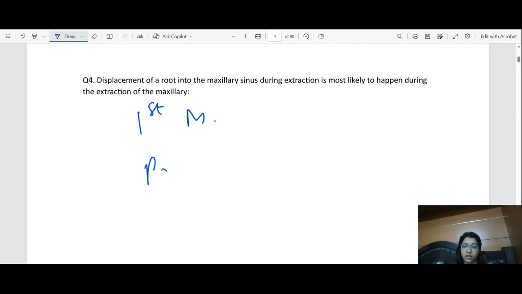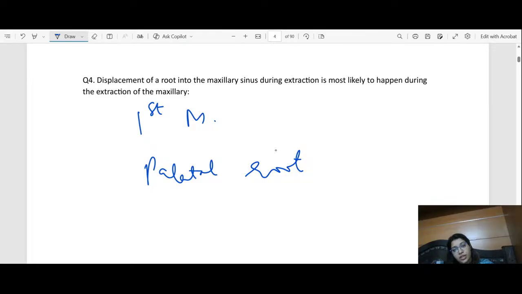Usually the palatal root of the maxillary first molar is present closer to the maxillary sinus, followed by the second premolar, first premolar, and lastly the maxillary second molar. This is the palatal root distance from the sinus. The displacement chances are for the maxillary first molar first, and then the second molar.